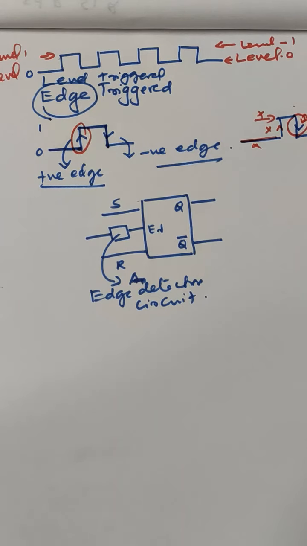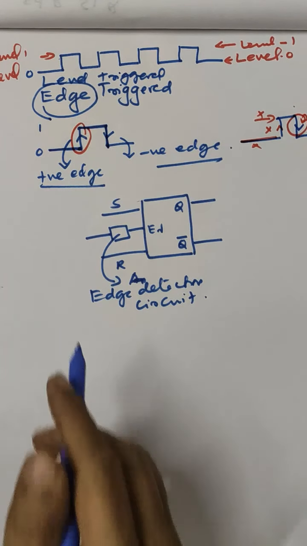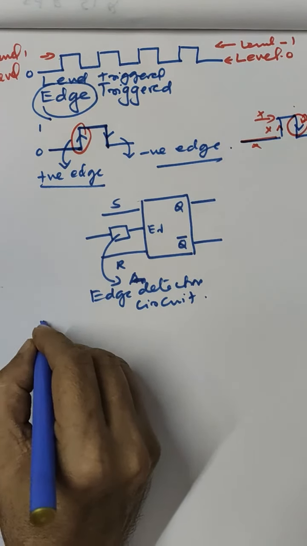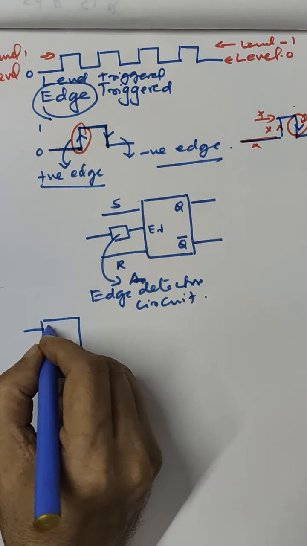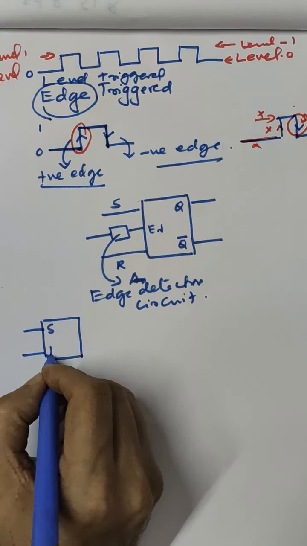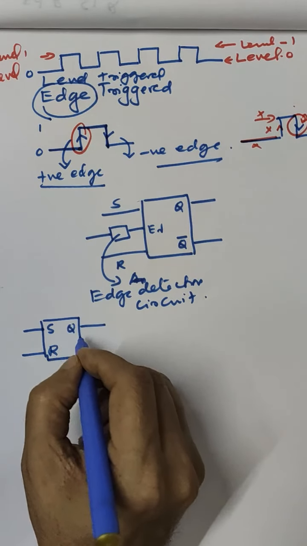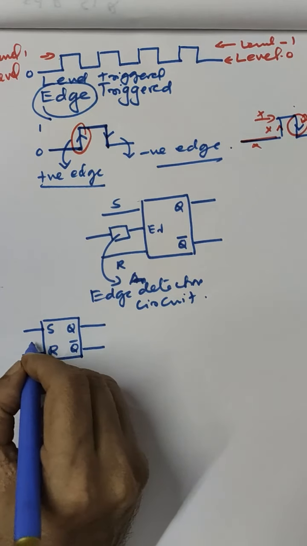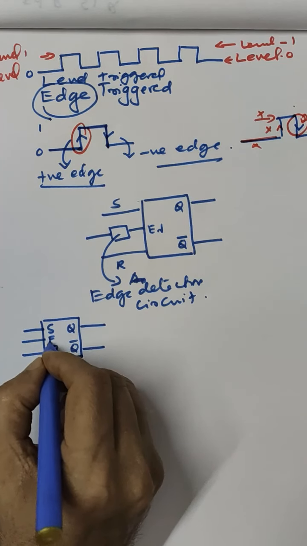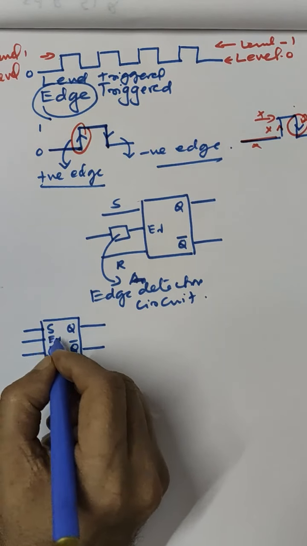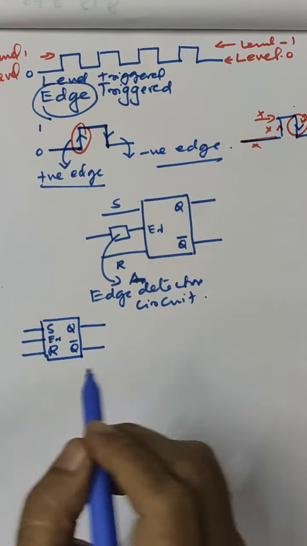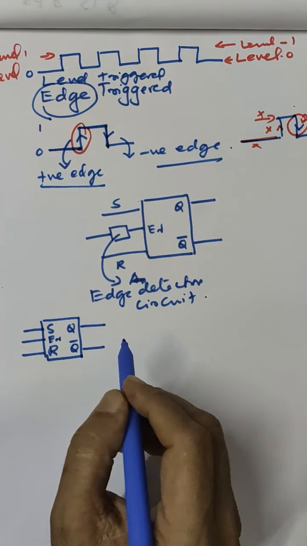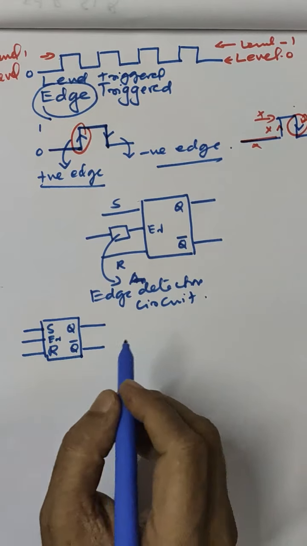So there are two types of edge triggered flip-flop. We can represent that with the help of a block diagram, as this is S and this is R, Q and Q bar. So this is the enable. How can we distinguish it from the ordinary level triggered flip-flop we have discussed earlier?